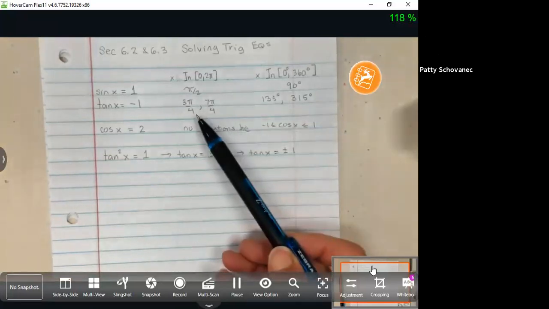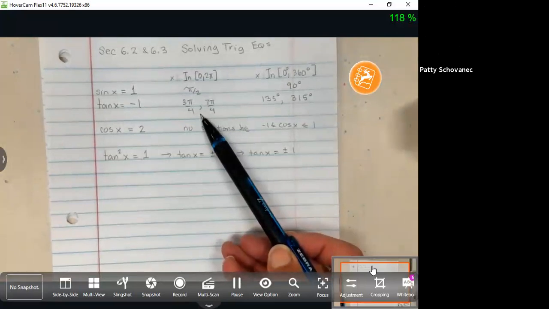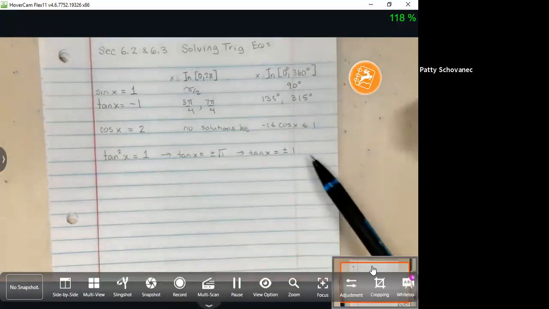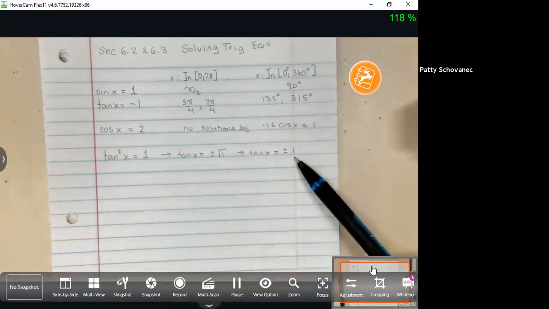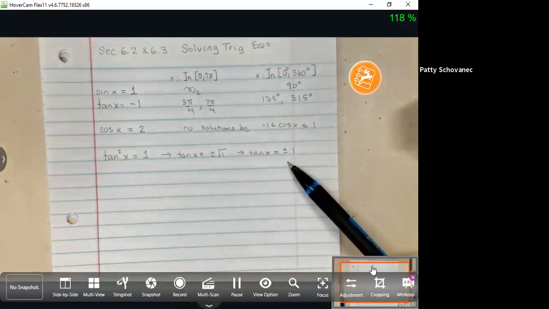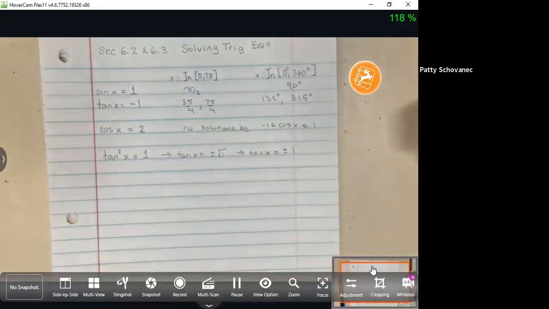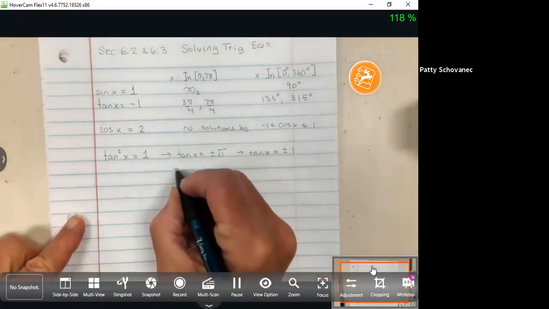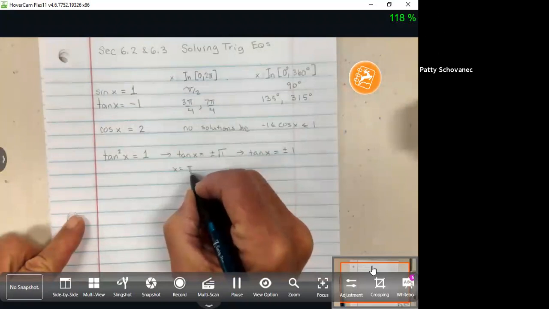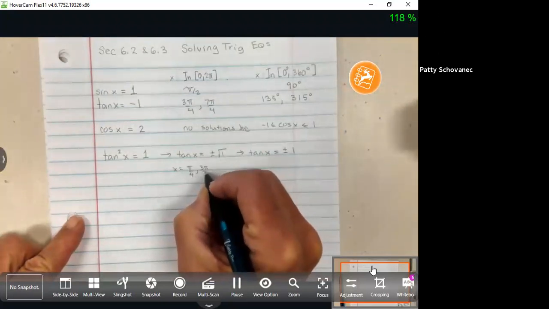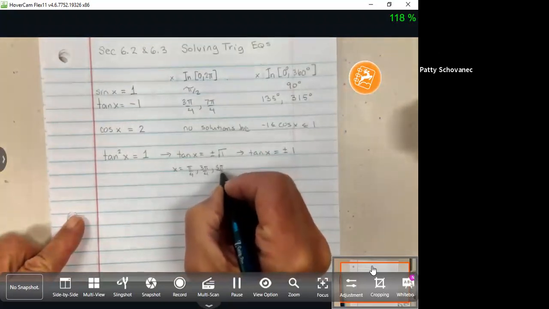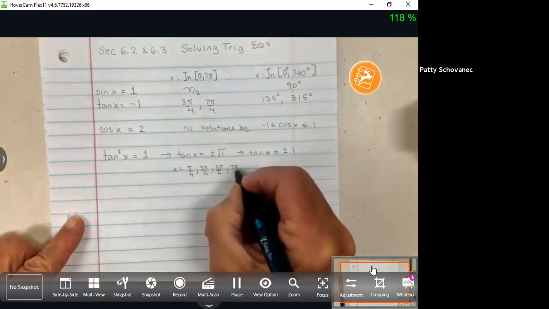Earlier, you gave me the 2 radian measures at which the tangent is -1. So we have to throw into that list the 2 other angles at which the tangent is +1, namely pi over 4 and 5 pi over 4. So the solutions here in radian measure is pi over 4, 3 pi over 4, 5 pi over 4, and 7 pi over 4.